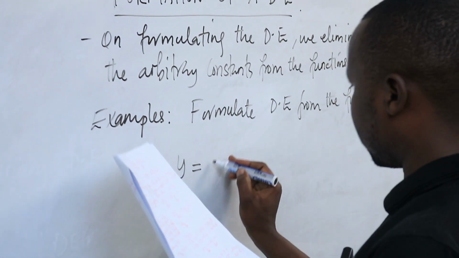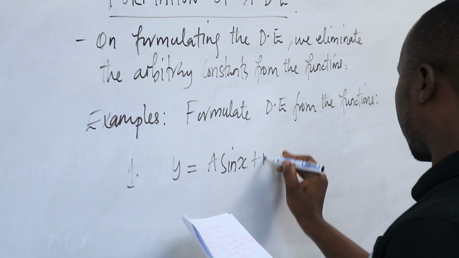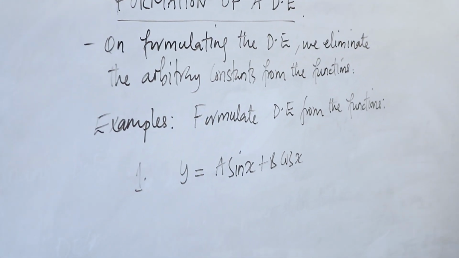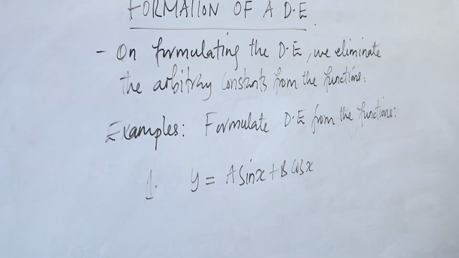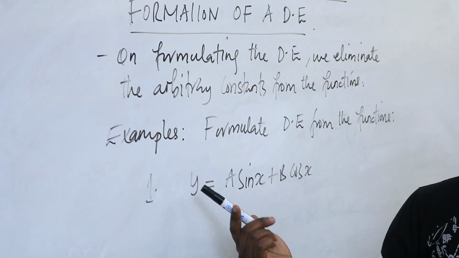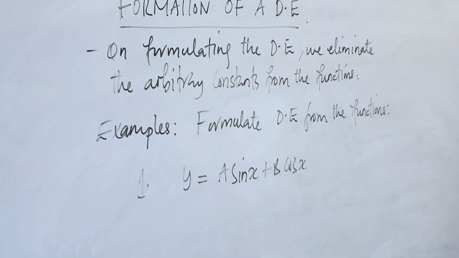y equals a sine of x plus b cosine of x. So we have a function here involving the variables x and y, and here you can see the constant a and the constant b.